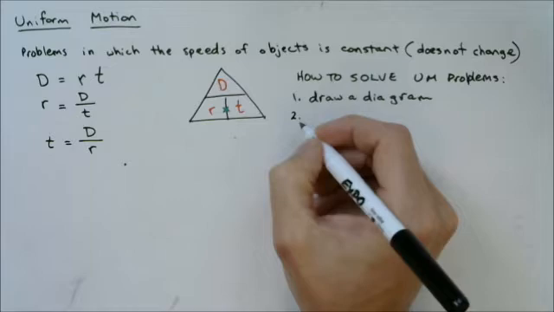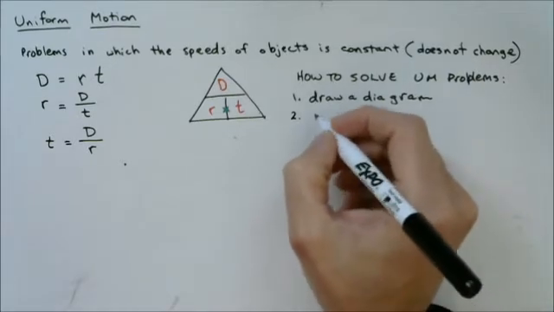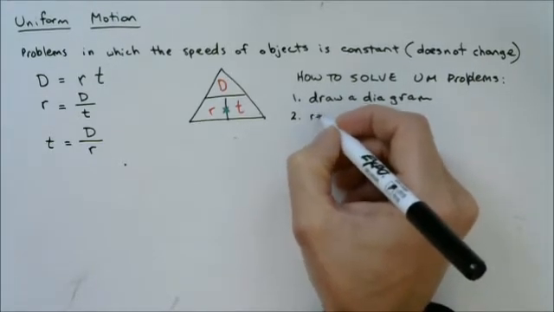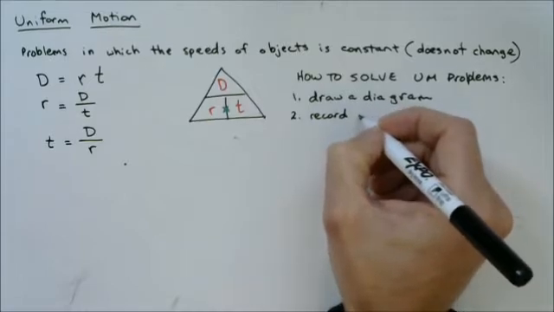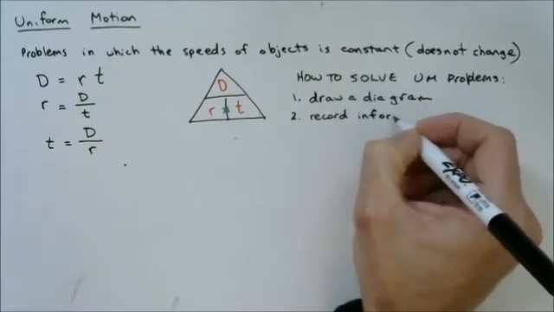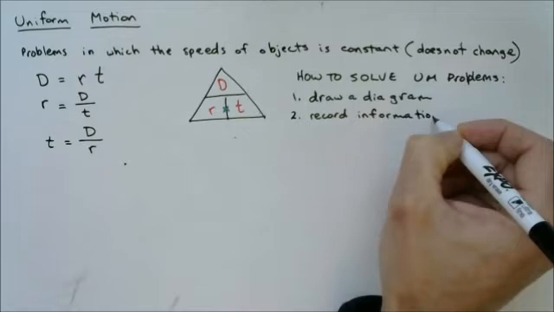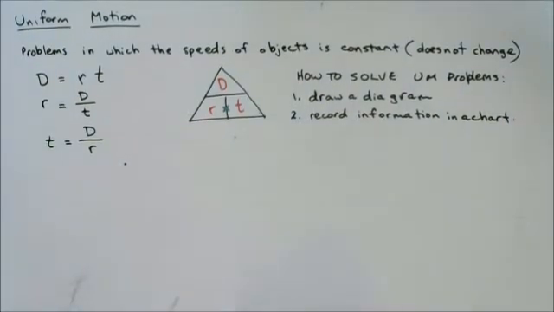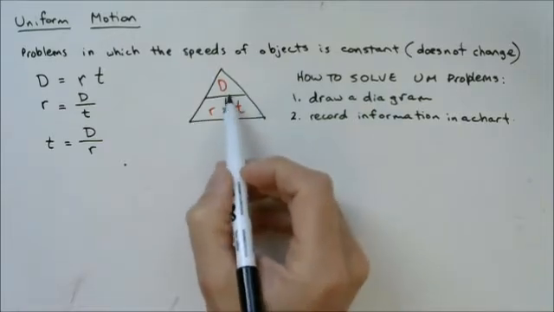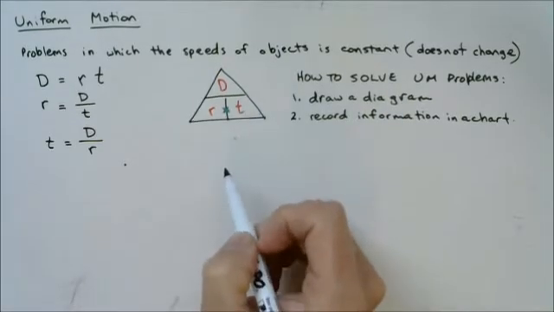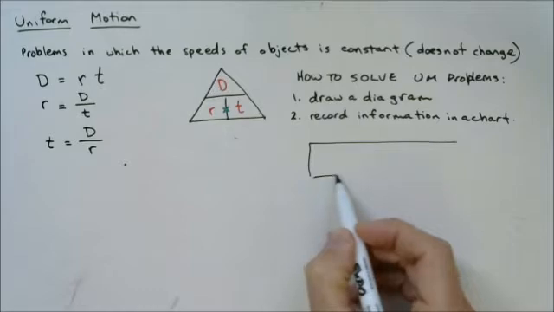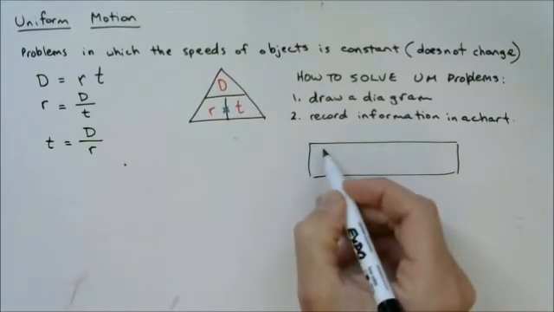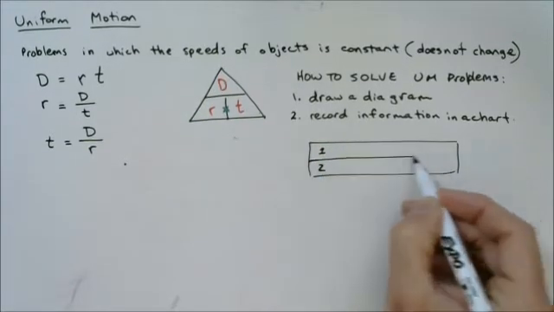Second thing that we're going to do is set up a chart. So we're going to record information in a chart. And you'll see that when we get to it. But basically, we know that the only things involved are distance, rate, and time. So don't draw this, but basically you'll have a little chart. You'll have object number 1, object number 2.